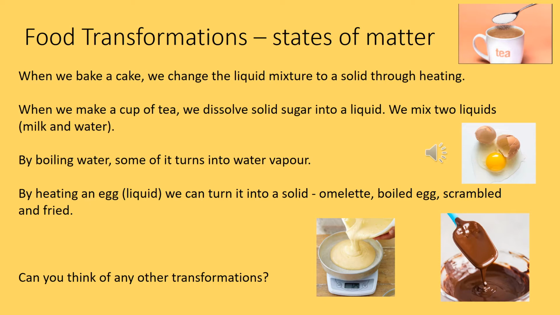When you're boiling the water, some of that turns into water vapour. Think about an egg as well. When you crack a raw egg, inside it is liquid. But when we eat it, either in omelette form, as a boiled egg, scrambled egg, or fried, it becomes solid. Can you think of any other transformations?